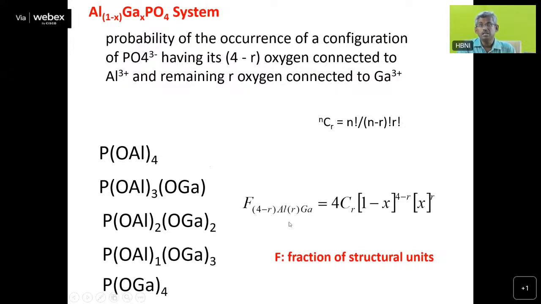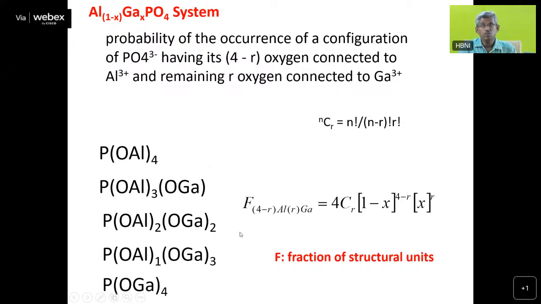There is an expression for the relative fraction of an aluminium. Let us forget about aluminium or gallium; we can take either one. If you have an aluminium with R gallium as next near neighbors and 4 minus R aluminium as next near neighbors, that is what the F stands for here. F stands for fraction of aluminium with R gallium as next near neighbors. Forget about near neighbors because near neighbors are all oxygen only.